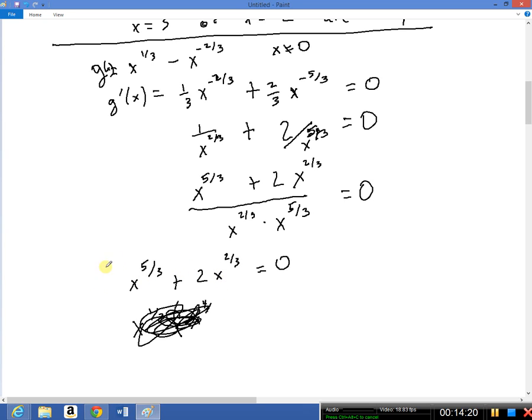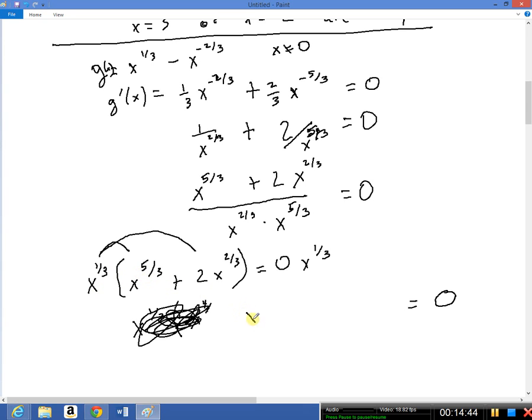What if I multiply both sides by x to the 1/3? I think that's going to make it look nice. On the right, of course, you get 0. But on the left, when you distribute this across the sum, x to the 1/3 times x to the 5/3 gives you x to the 6/3. Isn't that nice?